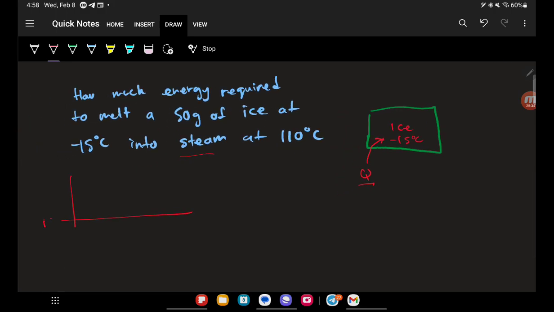It's negative 15, so of course it cannot melt away, so you need to increase the temperature until it reaches the melting point, 0 degrees Celsius, and then further increase from 0 to 100 degrees Celsius, which is the boiling point, and then maintain again until everything becomes steam, and then increase to the last temperature of 110 degrees Celsius.